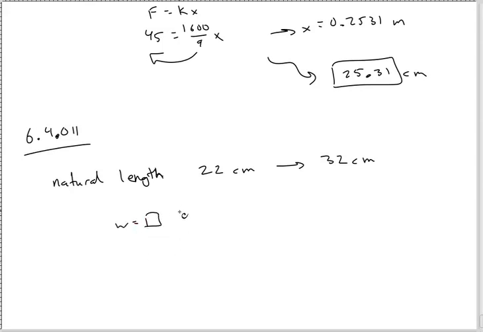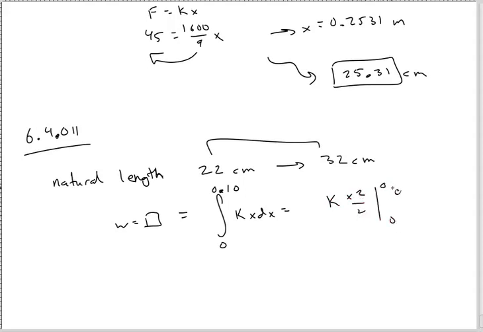And that's kind of weird because it's very vague. And so 0 from the natural length. Notice that we're going 10. So 10 centimeters is 0.1 meters. And then kx dx. And we already have done this before. 0 to 0.10. Plug it in.